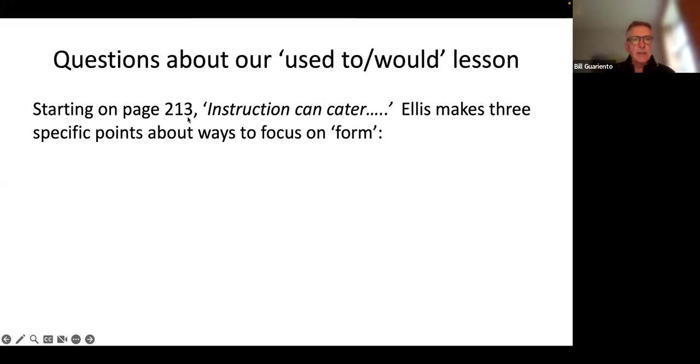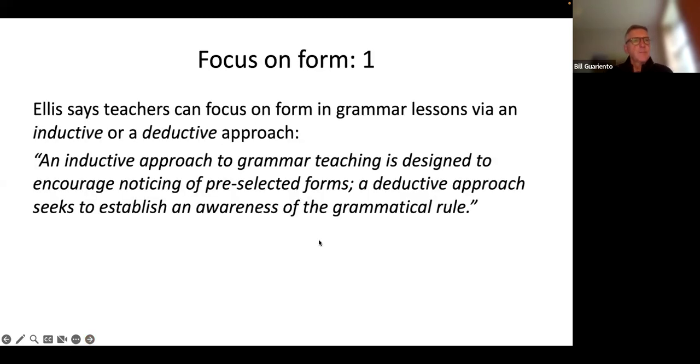So, starting on page 213 from Ellis, he says, instruction can cater. He makes some specific points about different ways to focus on form. And he says, let's read this together.